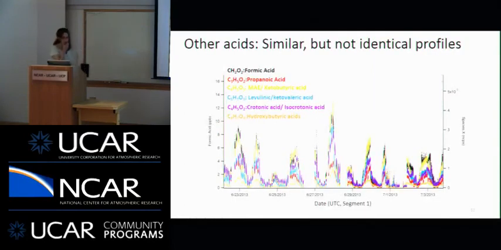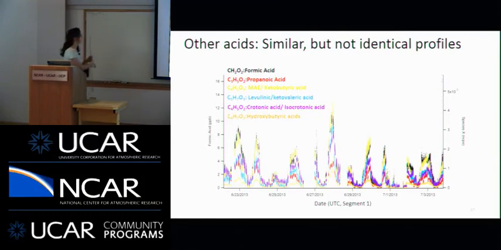The last note of science before I throw out my conclusions is that other acids that we measure have some similarities. They are not identical profiles. I know this figure is kind of hard to read, but we have different acids in different colors, and some of them look almost identical, like the maleic or levoketobutyric acid.